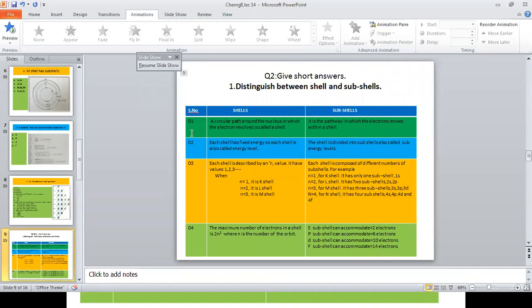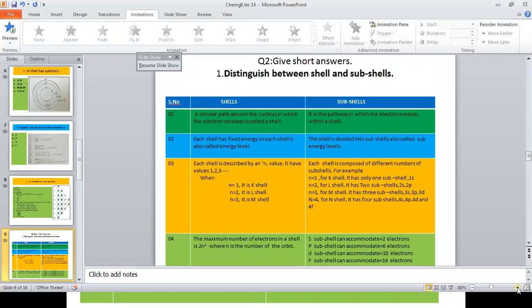Shells, point number 1: a circular path around the nucleus in which the electrons revolve is called a shell. If you remember, we discussed it in the Bohr atomic model.